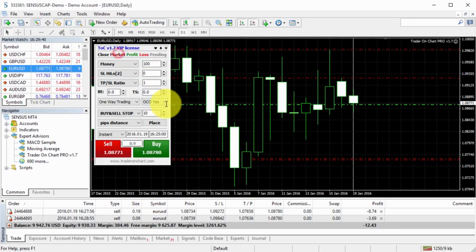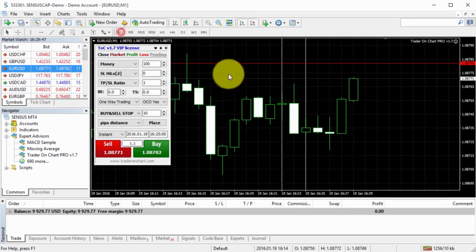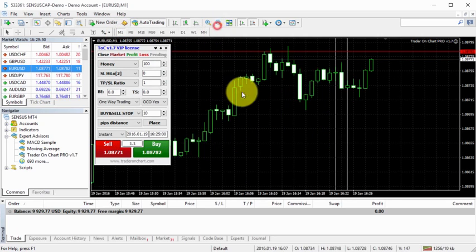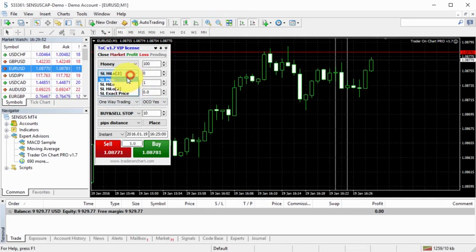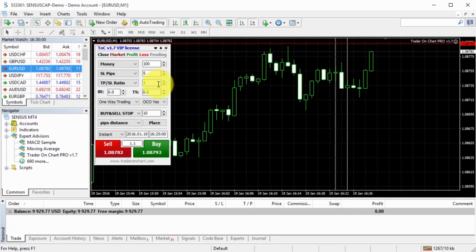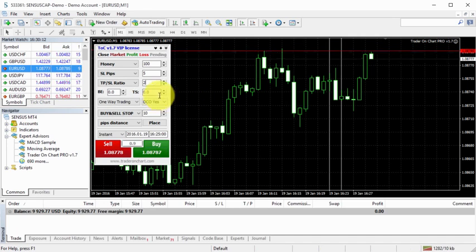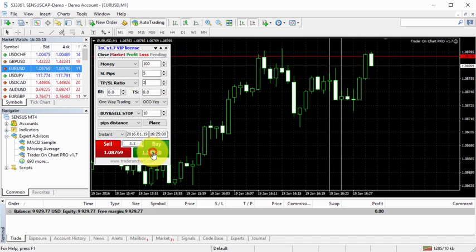So let me do a small experiment. It's always kind of hard to demonstrate how all these options work, but if I make my stop losses quite small, I might succeed. So let's say I will set my stop loss at 5 pips and my take profit ratio actually, so I will make it 2, so it should be 10 pips, and then I will open a buy trade.